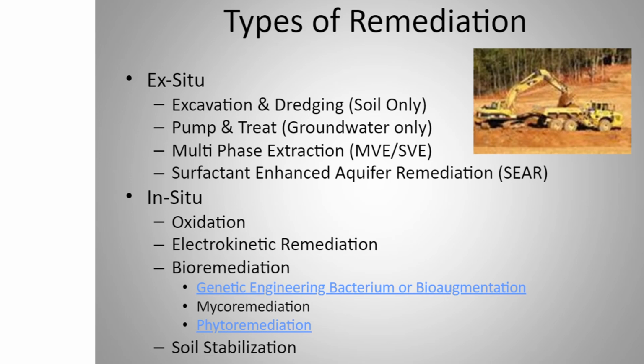So we have already seen in part one that we have lots of different types of environmental remediation techniques, and they are divided into two parts, which is ex-situ and in-situ. Ex-situ practically means taking the sample away to an external place.